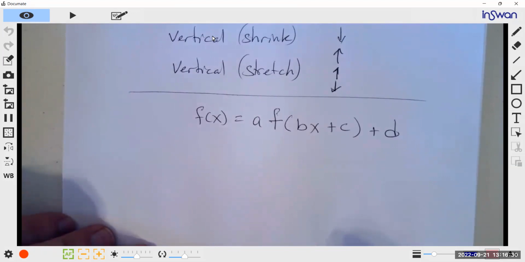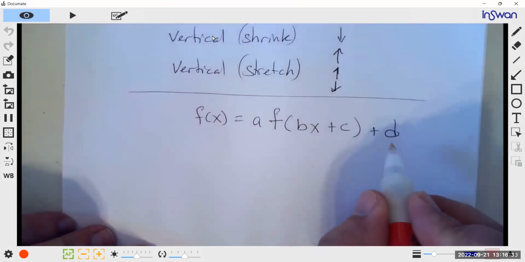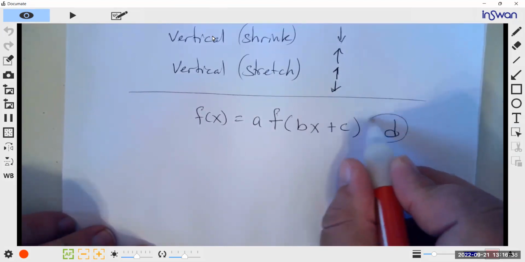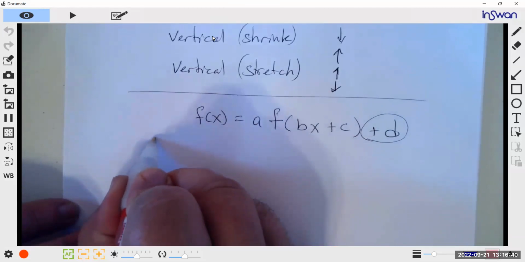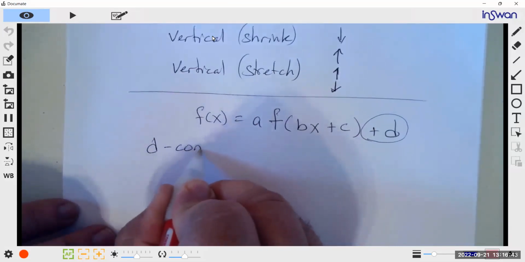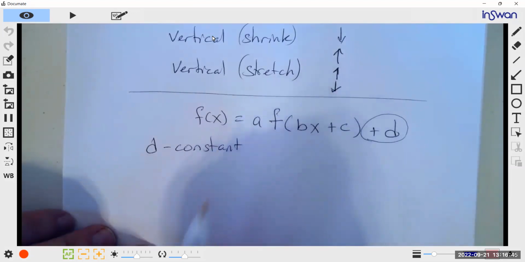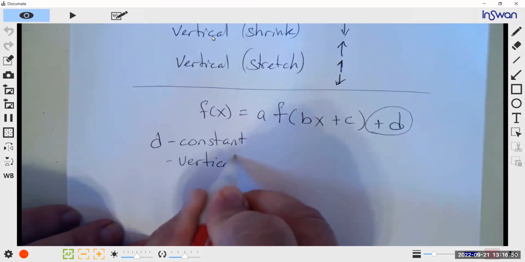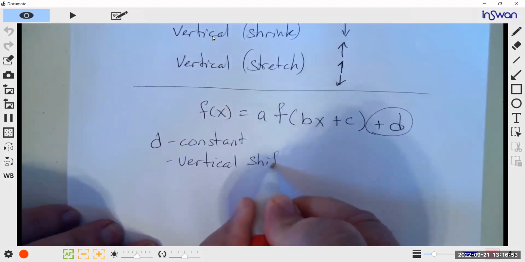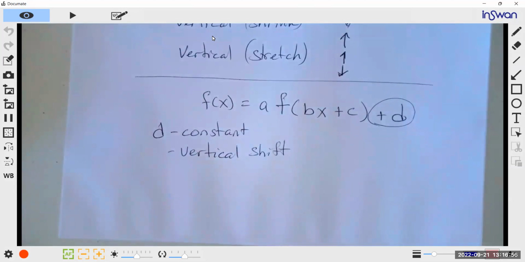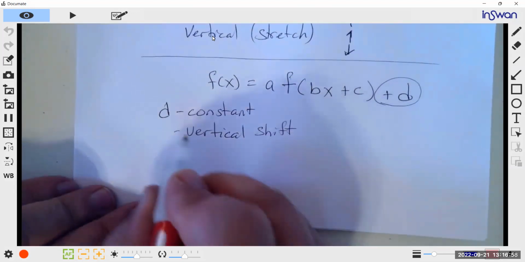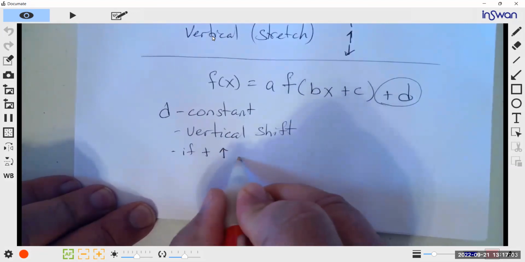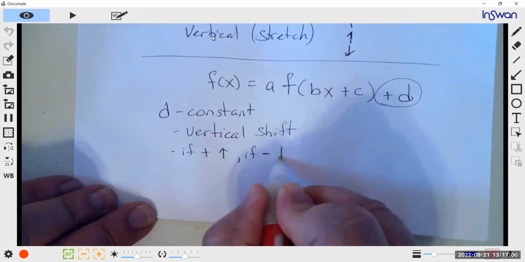For example, the easiest one is D. D is the constant. This is the vertical shift of the graph. If positive, you go up. If negative, you go down.